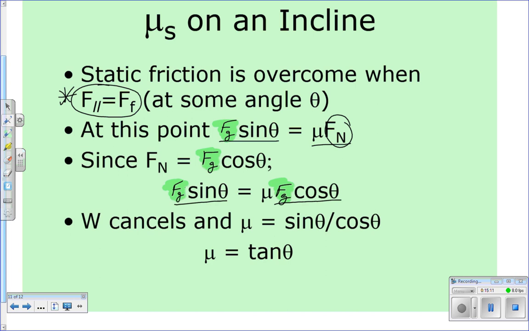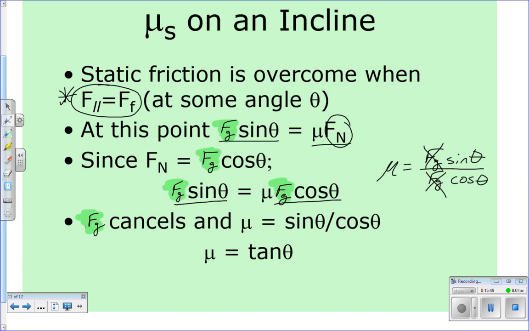Now, since weight is on both sides, if you want to find mu in this case, you would divide both sides by Fg times the cosine of the angle. And you would have Fg times the sine of the angle over Fg times the cosine of the angle. Well, Fg is the same, so it cancels out. What you're left with is mu equals the sine of the angle divided by the cosine of the angle.